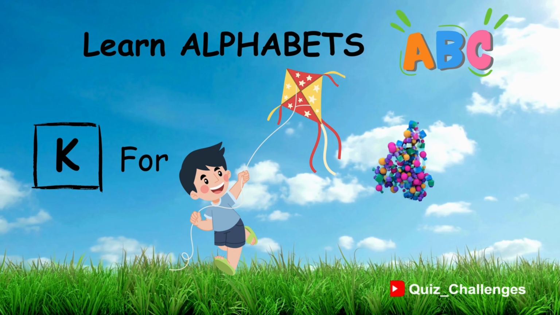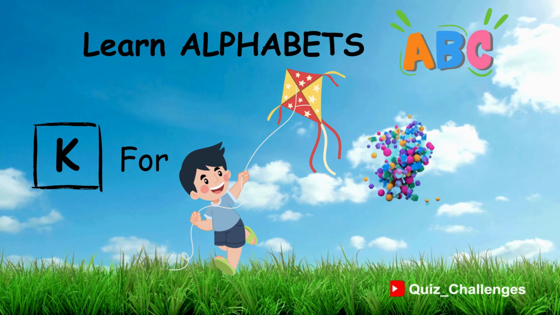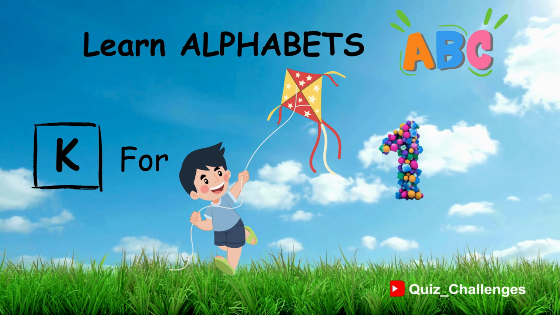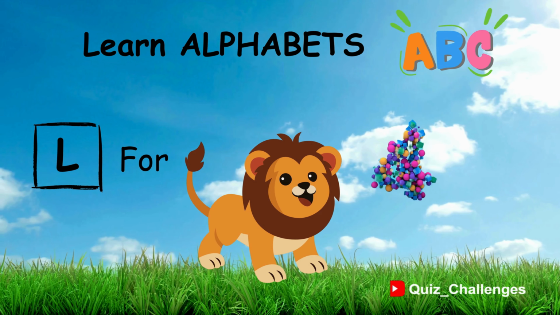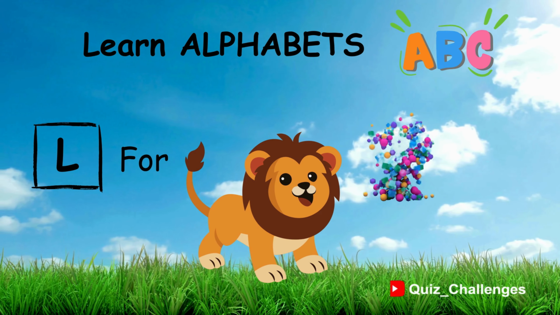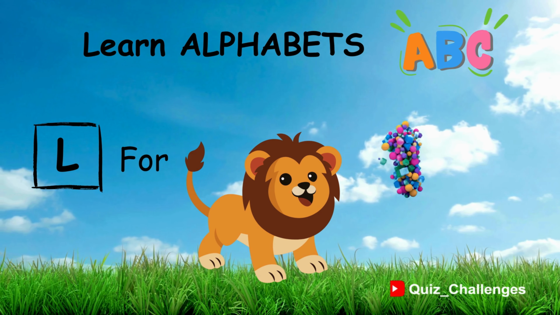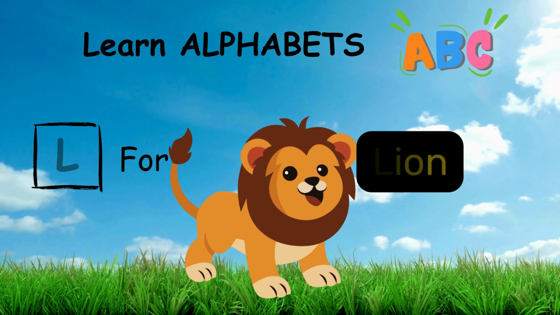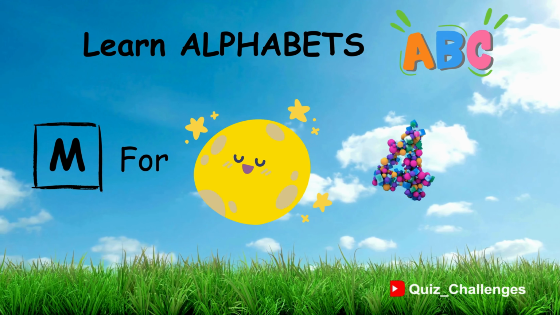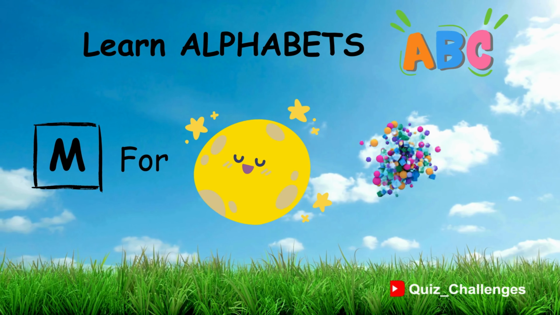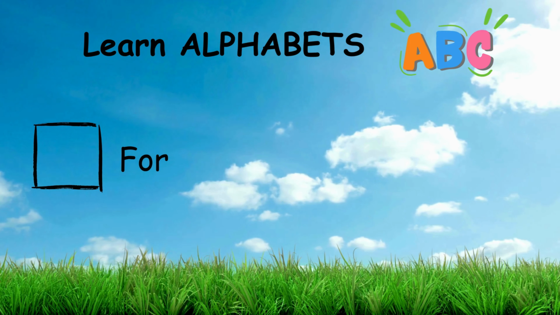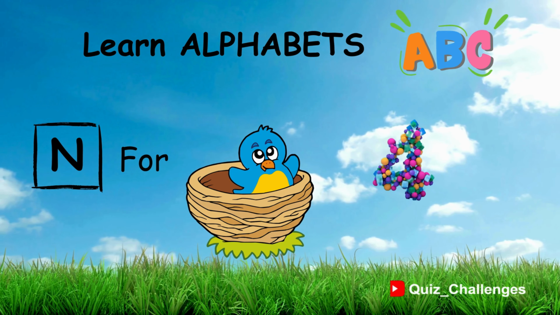K stands for kite. L stands for lion. M stands for moon. N stands for nest.